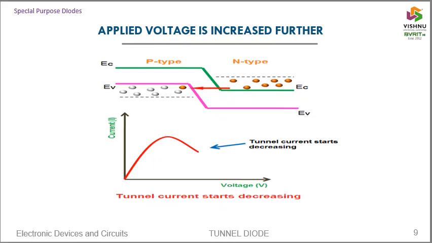When voltage is increased further, as the alignment of energy bands decreases, tunneling reduces. As a result, the current decreases even though the voltage is increasing. This region is called the negative resistance region, which is the most important property of tunnel diodes.